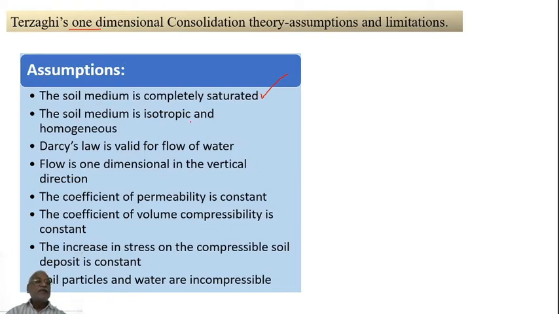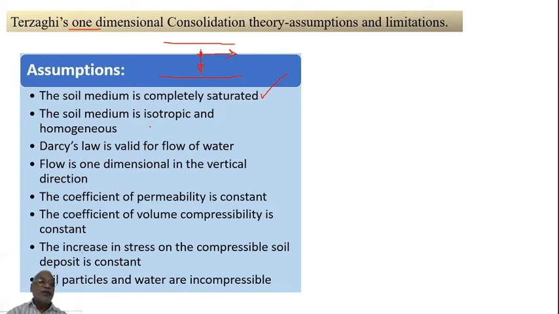The soil medium is isotropic and homogeneous, meaning the property of the soil everywhere remains the same. In every direction it is remaining the same. Everywhere it is homogeneous, in every direction it is isotropic. Suppose you have a soil layer, and you consider a particular point. If you take permeability in this direction, they may be different, right?